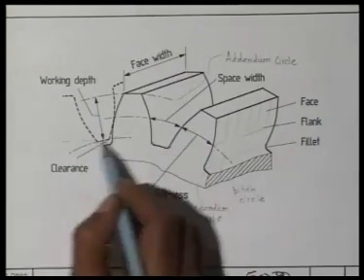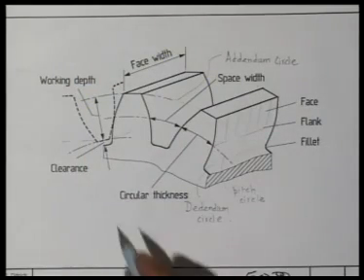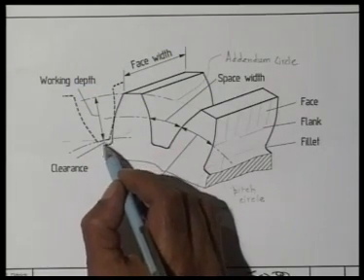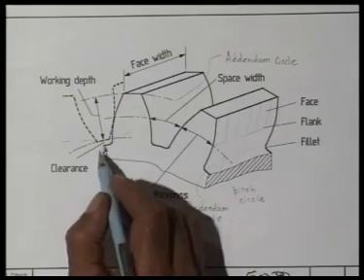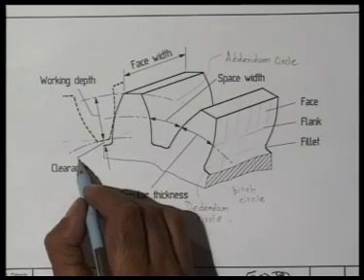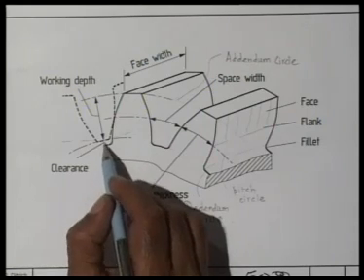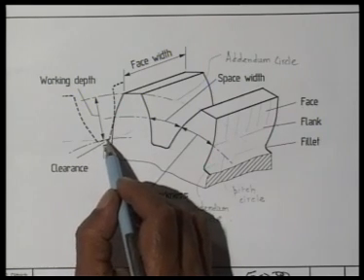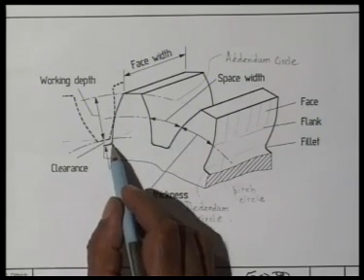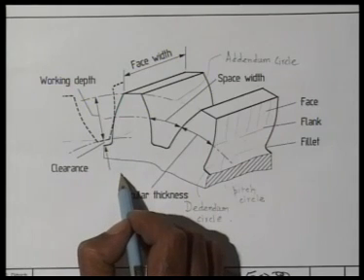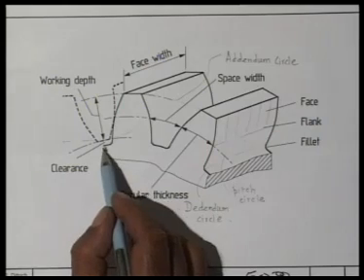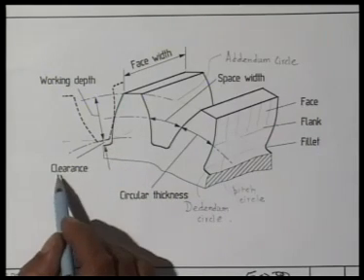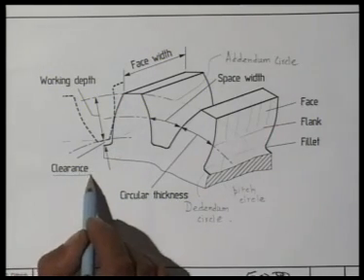If we draw a circle, that will be the addendum circle of the mating gear, and this distance, if measured along the radius of this circle, is called clearance. The radial clearance between the addendum of one gear and the dedendum of the mating gear is called clearance.